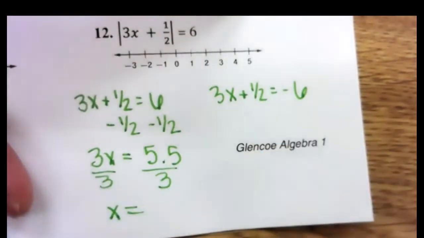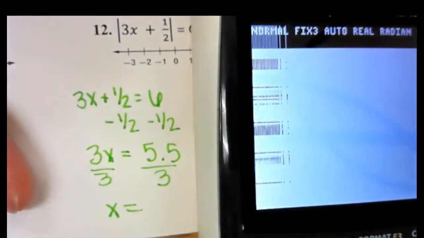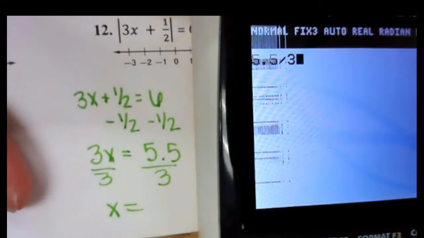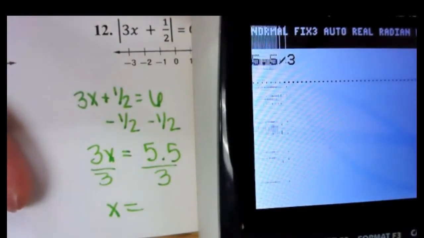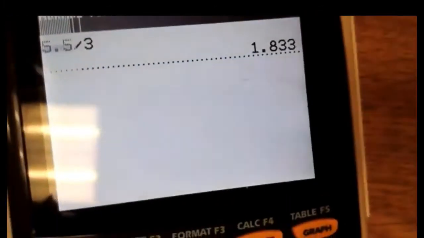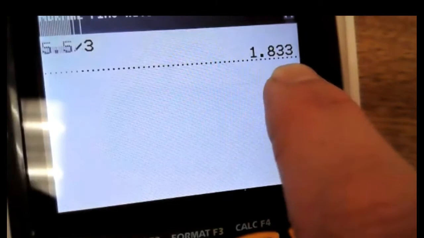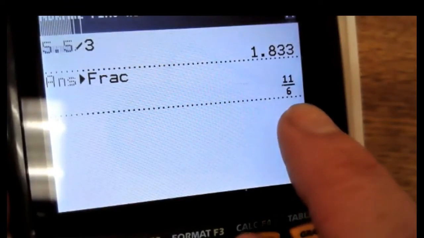And again, if you have a graphing calculator, you have a phone, you would just take it out and get 5.5 divided by 3. So 5.5 divided by 3, you might have had 1.833. If you kept it as a fraction, you had 11 over 6.